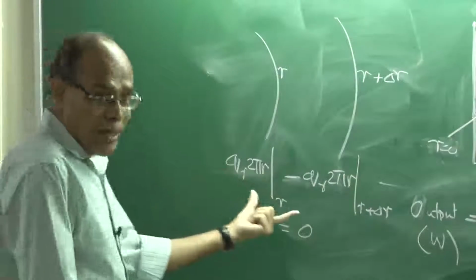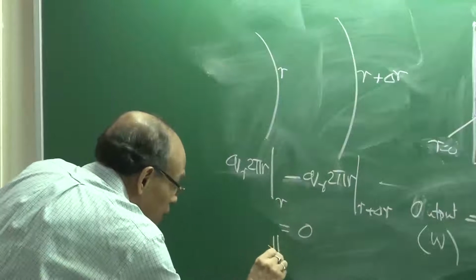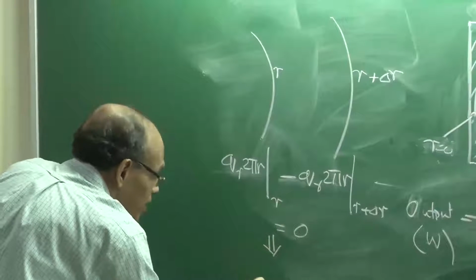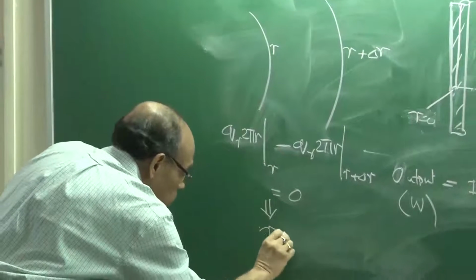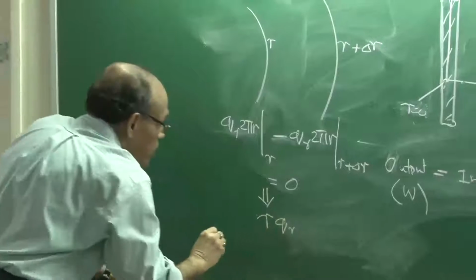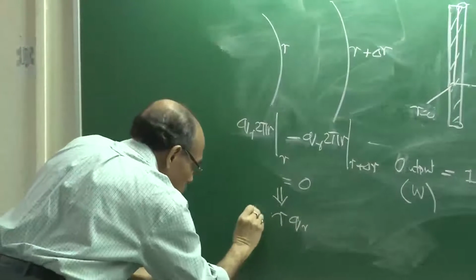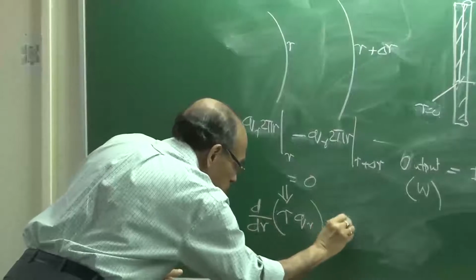And again the linearization and all, then you can see that this will give you an expression where you will find out that r times q_r is equal to, that is what will be the net result from this.